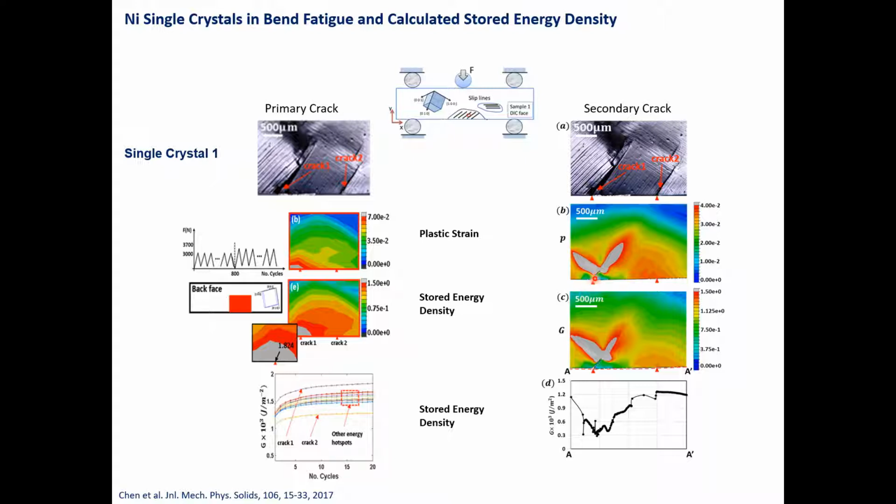But the point is, introducing the crack has therefore redistributed all the key quantities. And you can see the plastic strain much lower here now than ahead of the crack tip. And it's redistributed it over to where we do see crack 2 nucleating. The stored energy density turns out to be highest at this location. You can see there's a distribution of stored energy fields, but it's highest at this location.